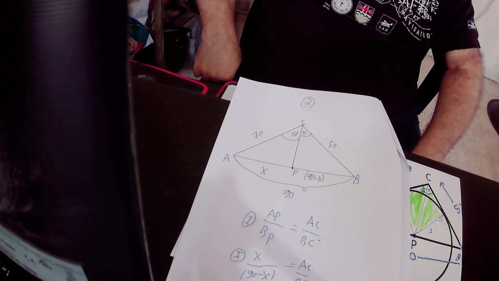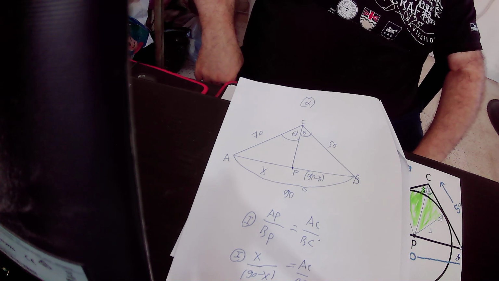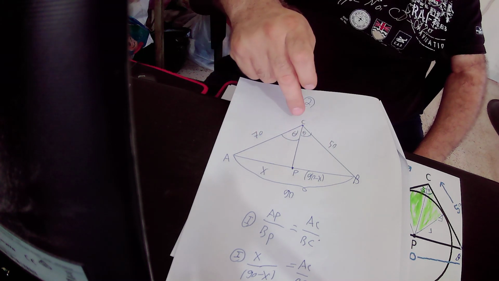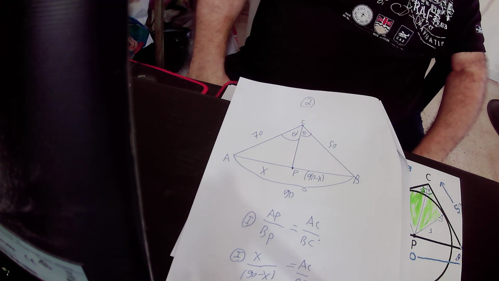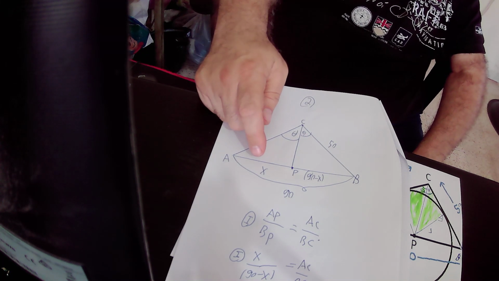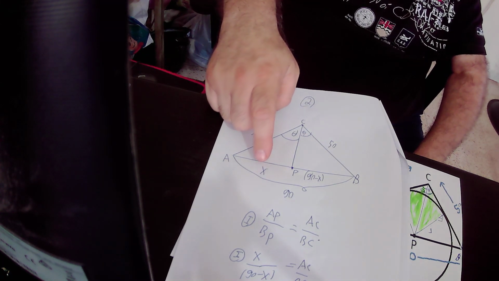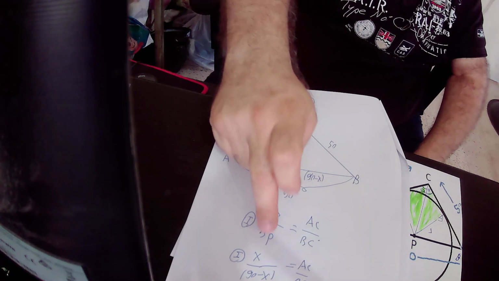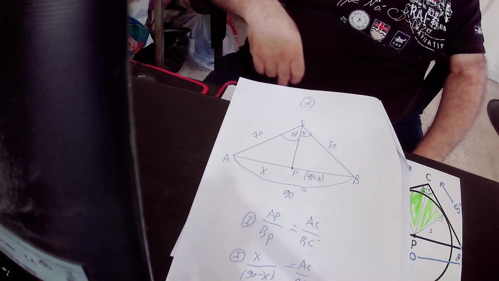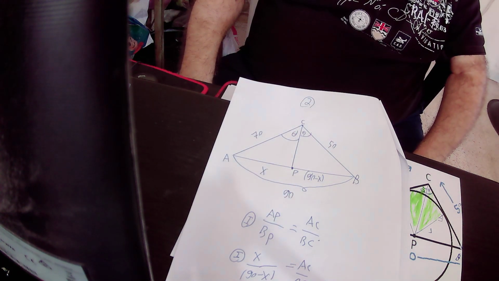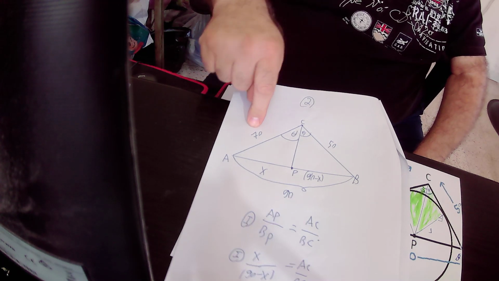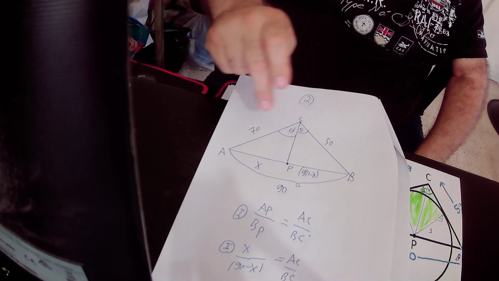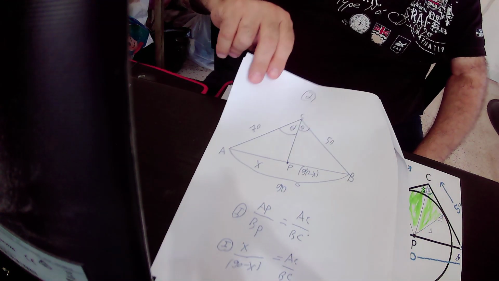Therefore we can write this equation: AP over BP equals AC over BC, and we can define that AP is x and BP is 90 minus x, so we can substitute AP by x and BP by 90 minus x. We know that AC equals 70 and BC equals 50, so we can substitute AC by 70 and BC by 50.